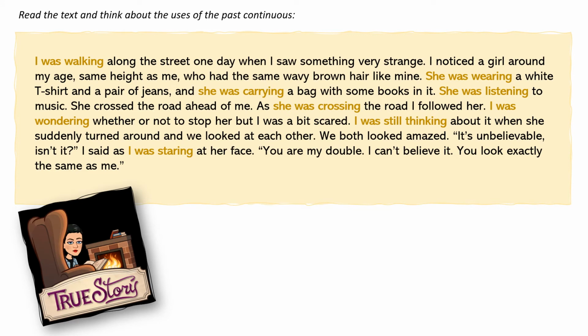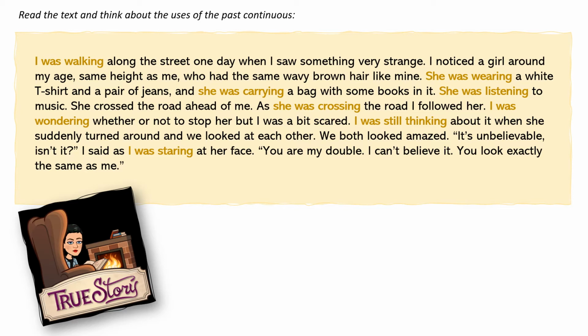I was walking along the street one day when I saw something very strange. I noticed a girl around my age, same height as me, who had the same wavy brown hair, like mine. She was wearing a white t-shirt and a pair of jeans, and she was carrying a bag with some books in it. She was listening to music. She crossed the road ahead of me.